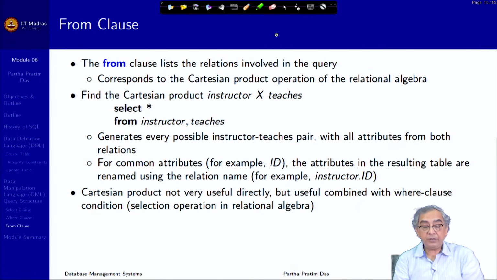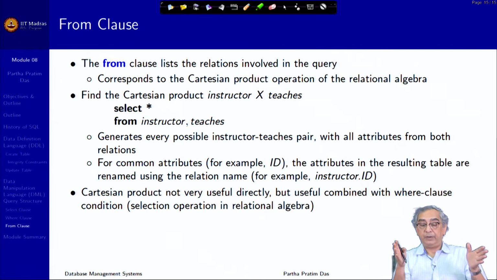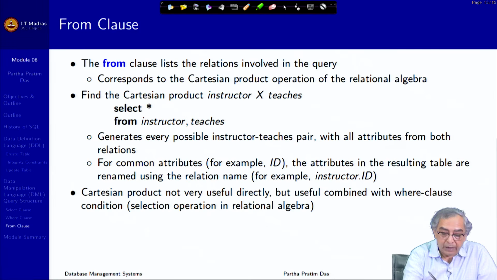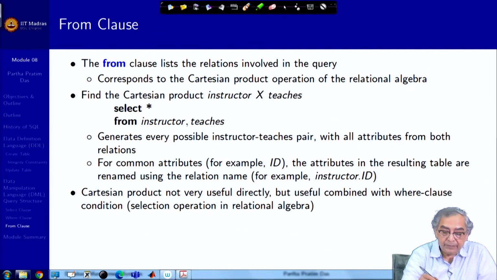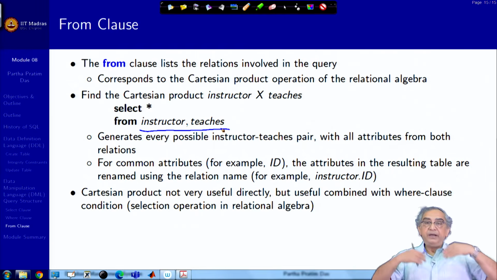Finally, the from clause tells you two things. One is the scope of which relations you are dealing with, and you could do from at least one table or you can have multiple tables. When you do multiple tables, by default it does a Cartesian product.